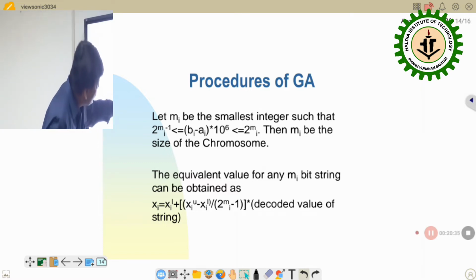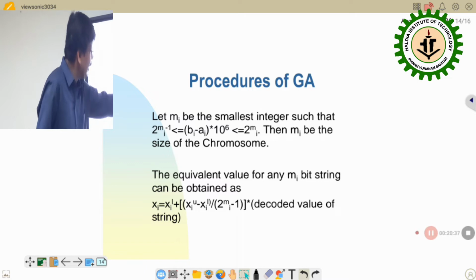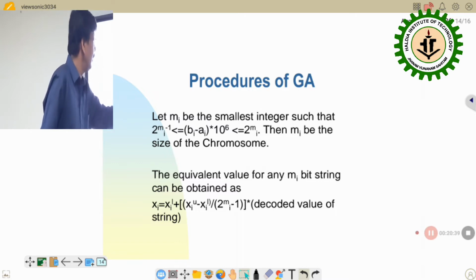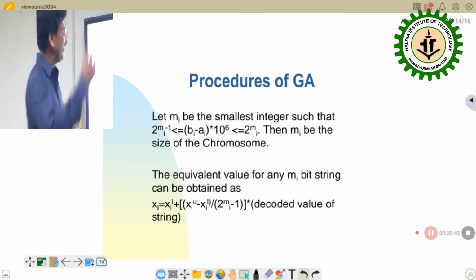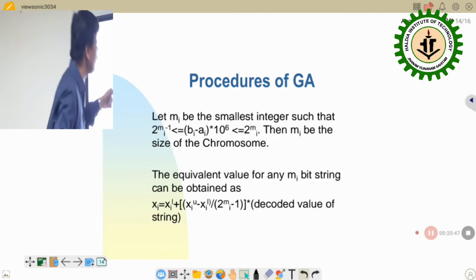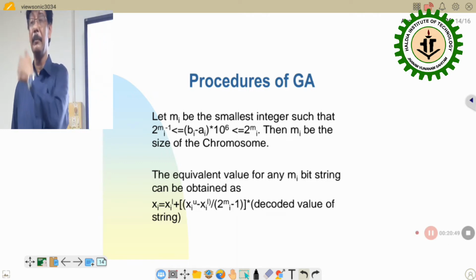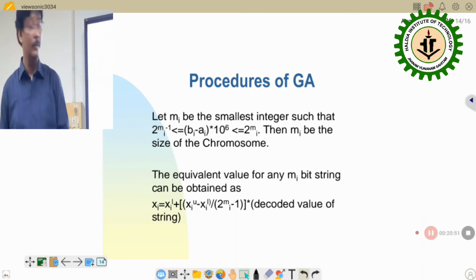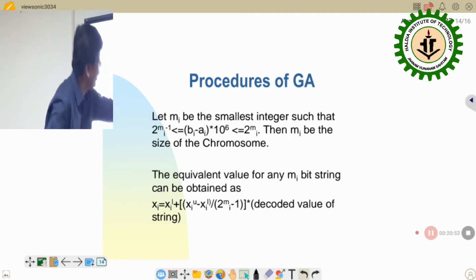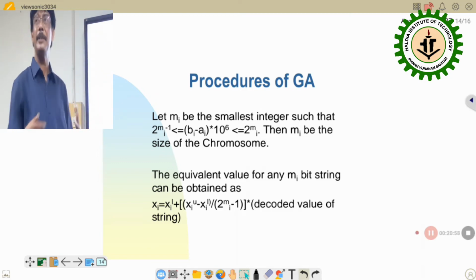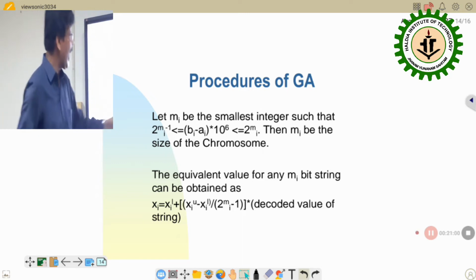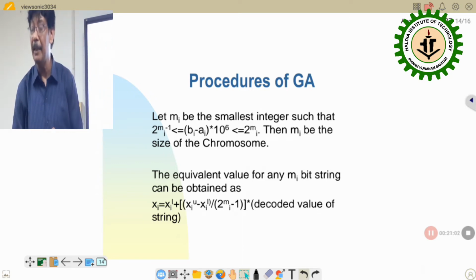Now there is this inequality: 2 to the power m minus 1 is less than or equal to that number, which is less than 2 to the power m. We have to compute the smallest value of m that will satisfy this inequality. It may be 2, it may be 6, it may be 10, it may be 12. And suppose that m is equal to 10, that means what?